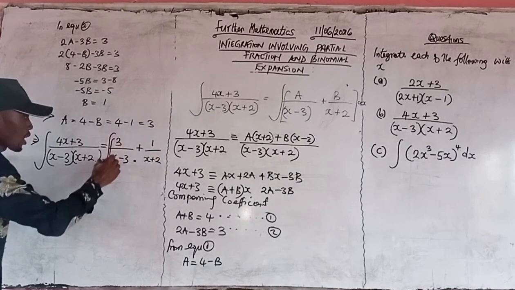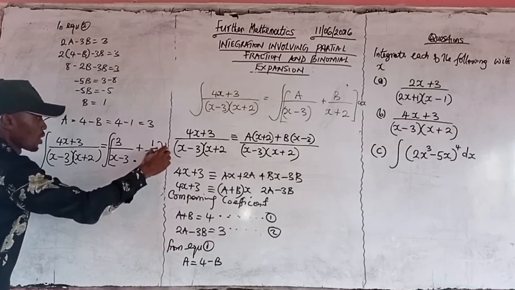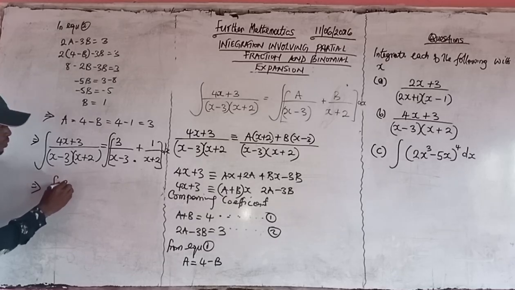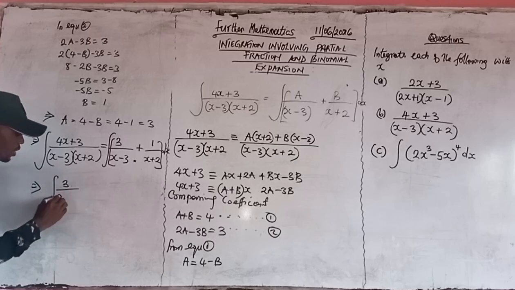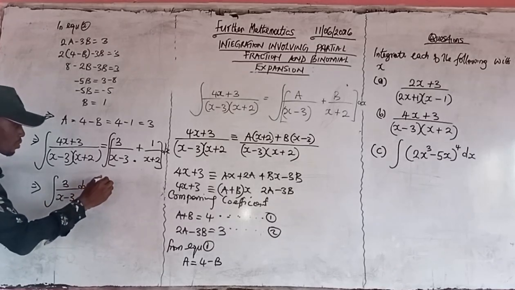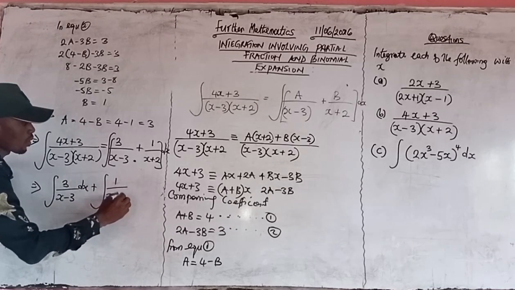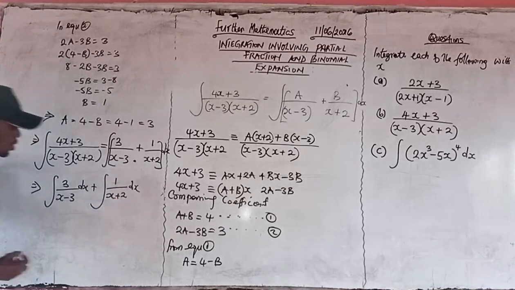Take the integral of this function in terms of x, that is the dx. So if we do that very well, we are going to have the integral of 3 over x minus 3 dx plus the integral of 1 over x plus 2 dx.